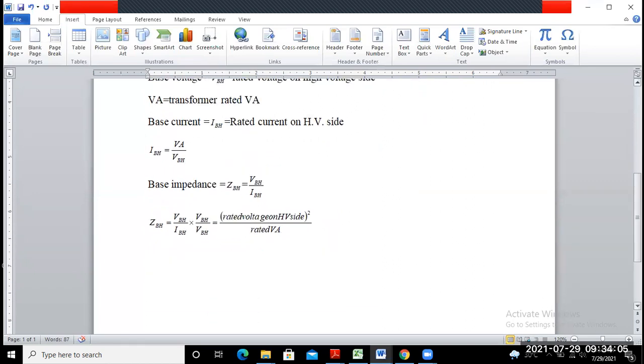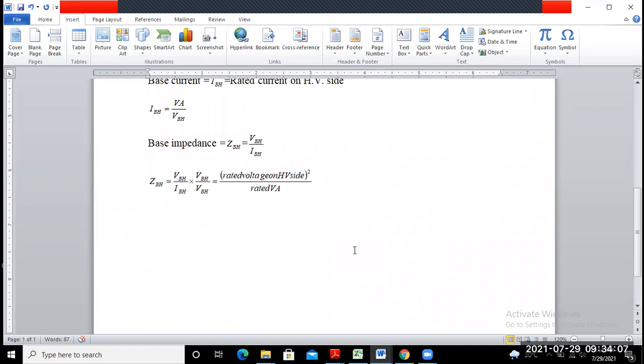Now suppose in this equation we divide numerator and denominator by 1000 whole square, in the numerator portion as well as in the denominator portion. So how can this be converted?